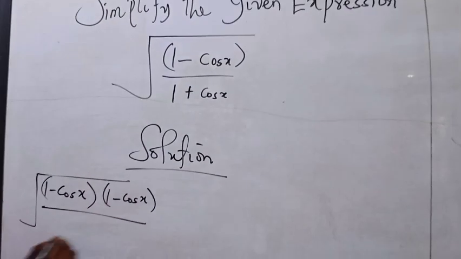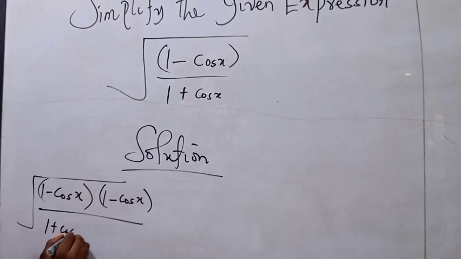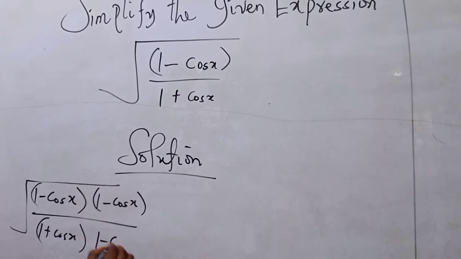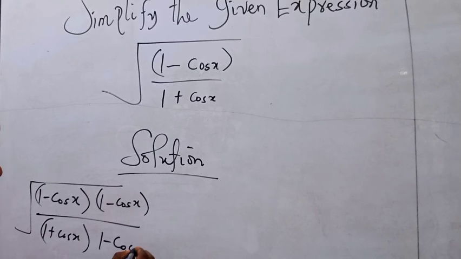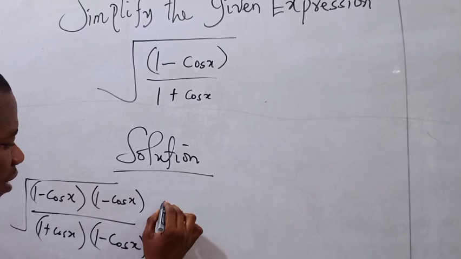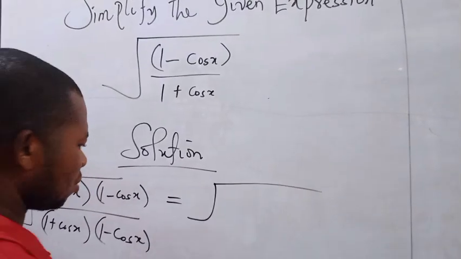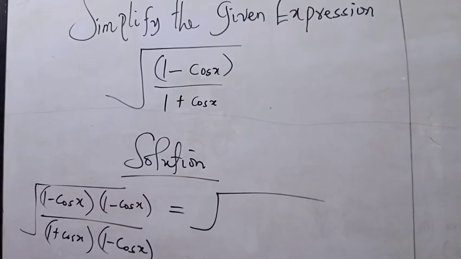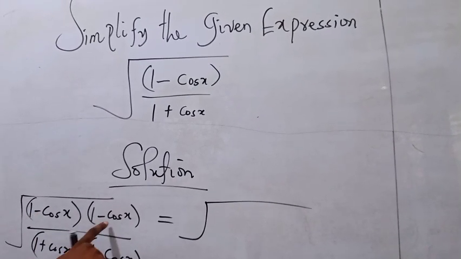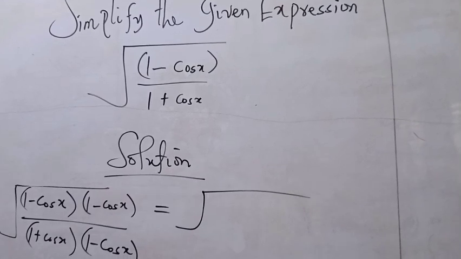So we have 1 plus cos x multiplied by the conjugate, which is 1 minus cos x, just as we did here. At the end of the day, what are we having here? This is this multiplied by itself.